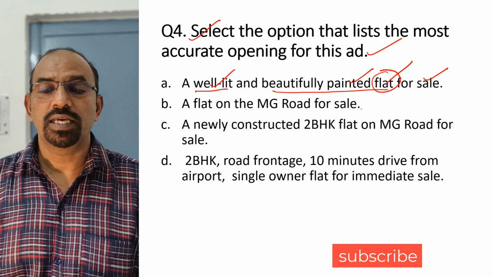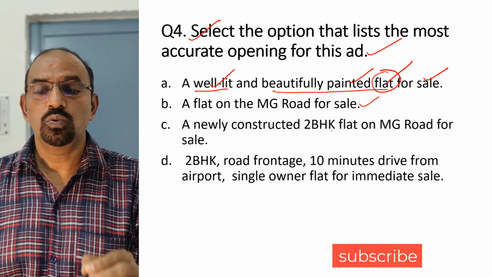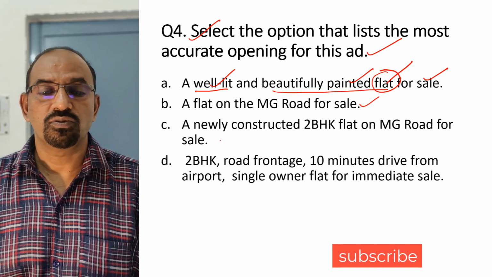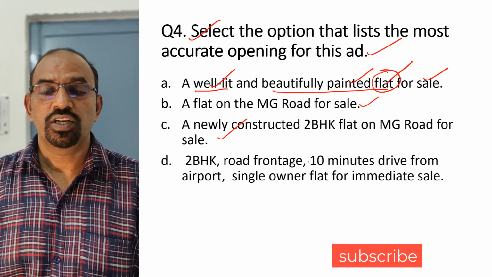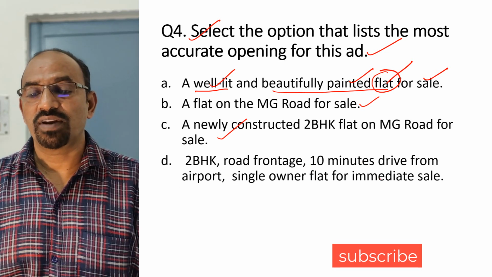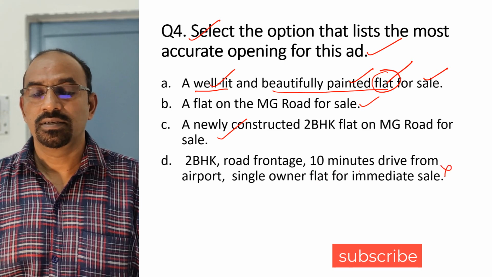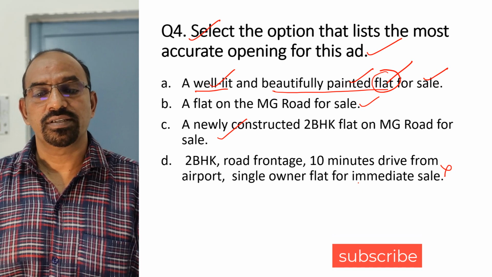A flat on the MG Road for sale, maybe. A newly constructed 2 BHK flat on MG Road for sale. This is also good. 2 BHK, road frontage, 10 minutes drive from airport, single owner flat for immediate sale. Too much information within a single sentence.